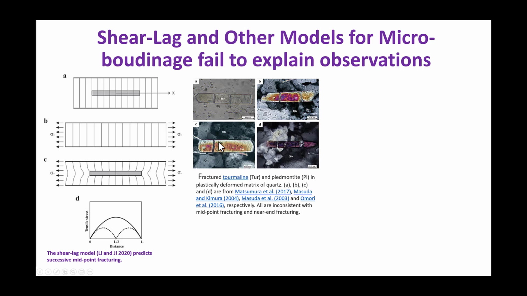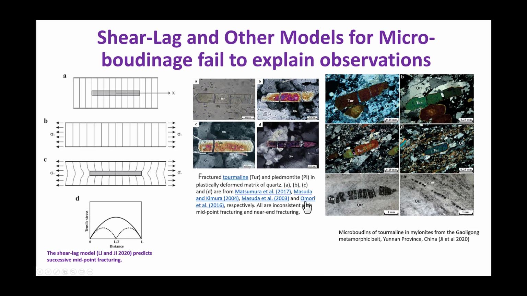A, B, C here are tourmaline in quartz from mylonite, and the pictures were taken by different people. The fractures are not really in the middle, so they are random. They could be anywhere. D is a picture from another mineral, piemontite. So the fracturing again doesn't appear to be at the middle point.